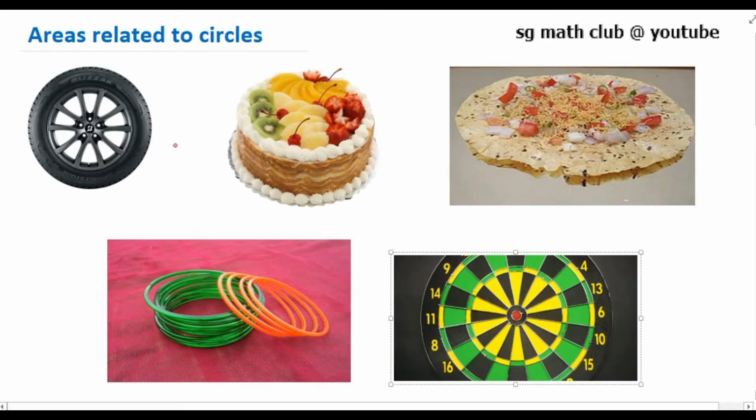Now, many objects that we come across in our daily life are circular in shape, like cycle wheels, dartboards, round cakes, bangles, etc. These are some of the examples. So the problem of finding perimeters and areas related to these circular objects is of great practical importance.